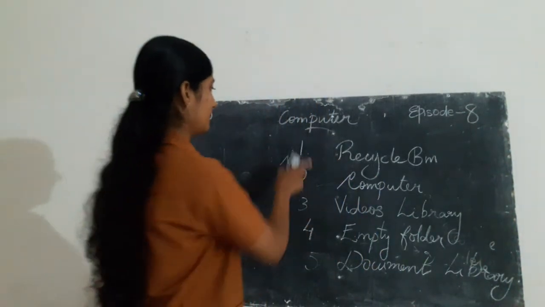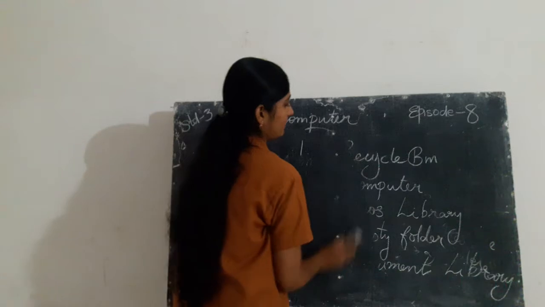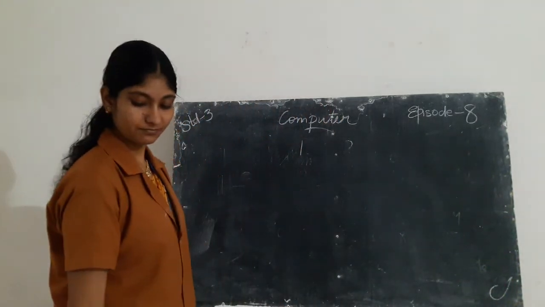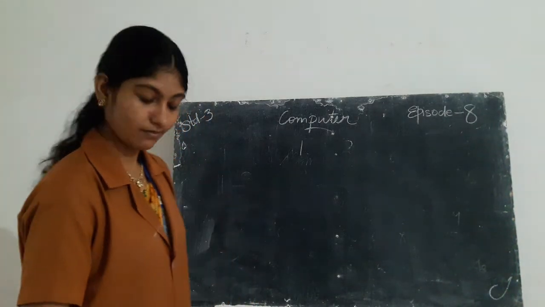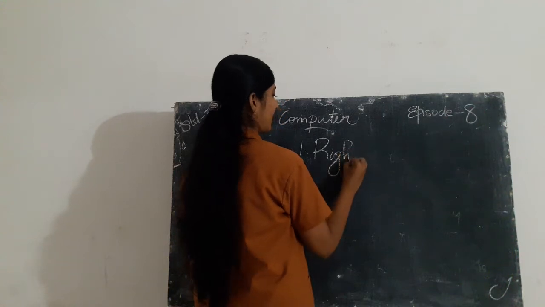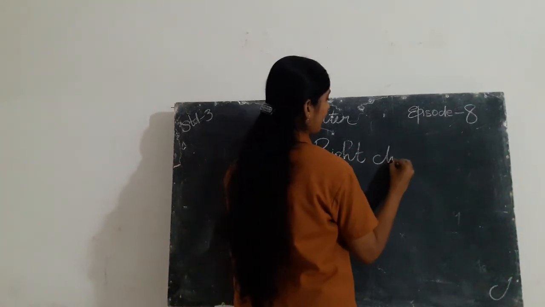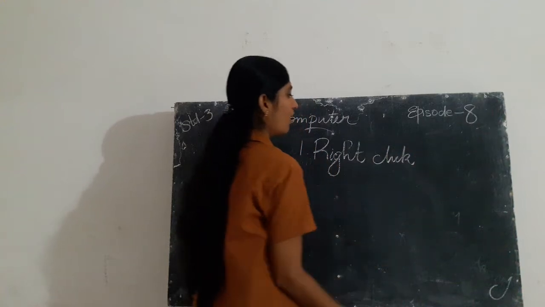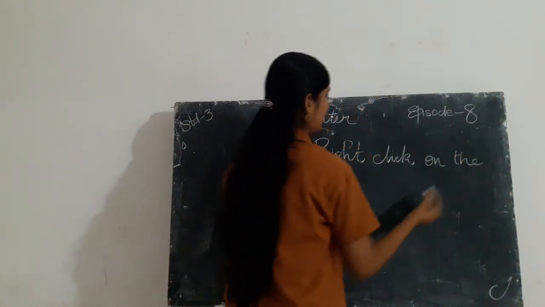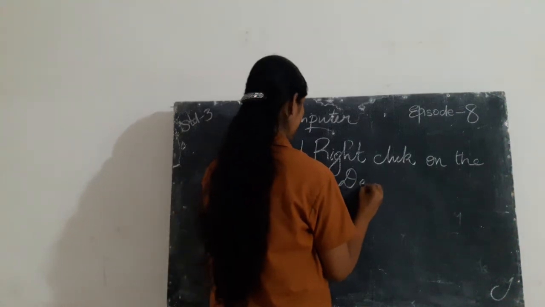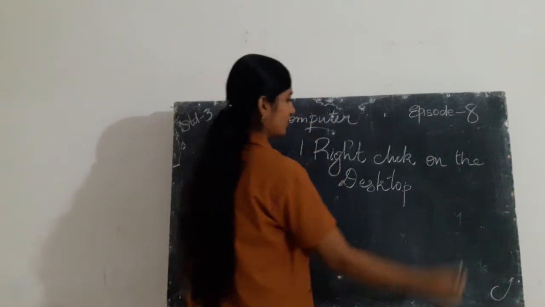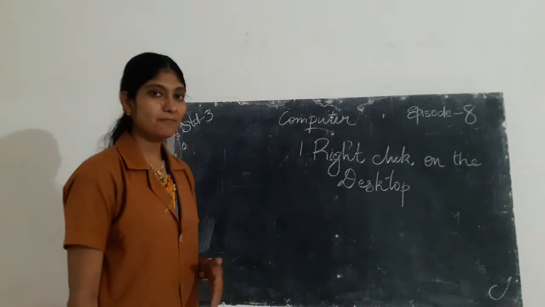So let's write the steps for arranging the icons. First, right click on the desktop, then a shortcut menu appears.